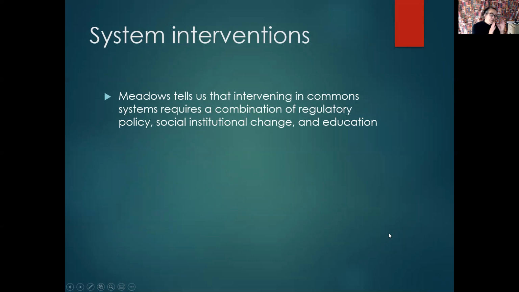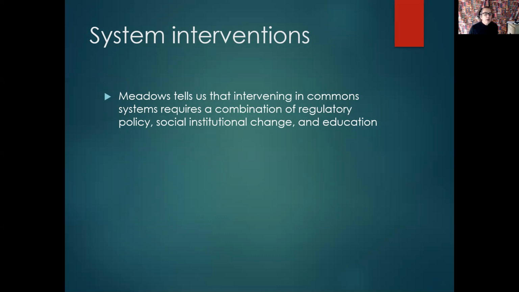So those are the types of systems that are in operation. When we look at the reading, like the Purkis reading, for example, they are using systems language. And so what do we know about systems interventions in a common system? What did Meadows tell us about that?